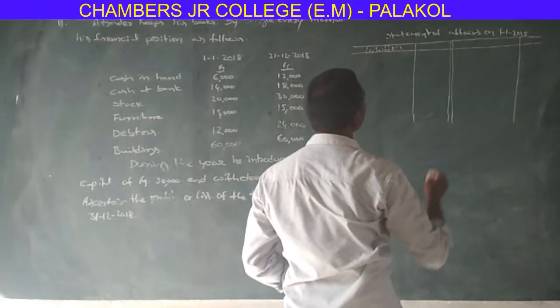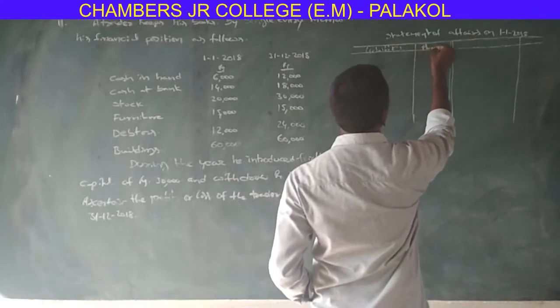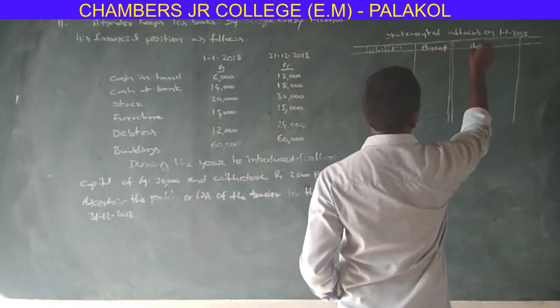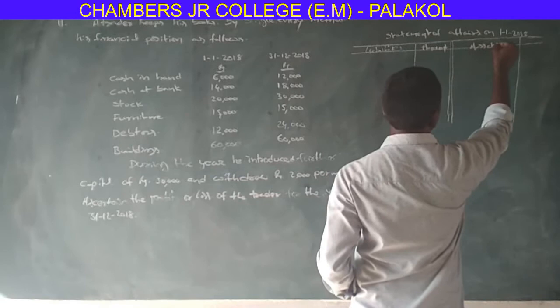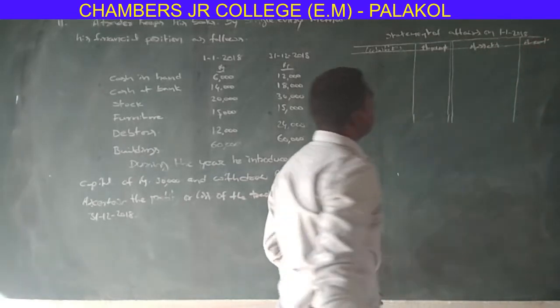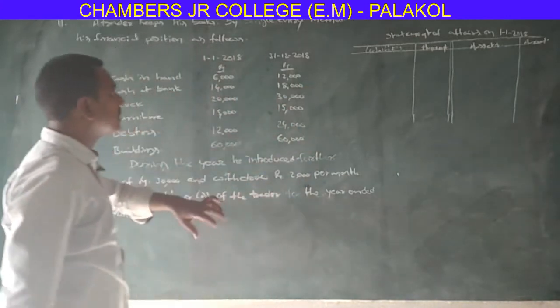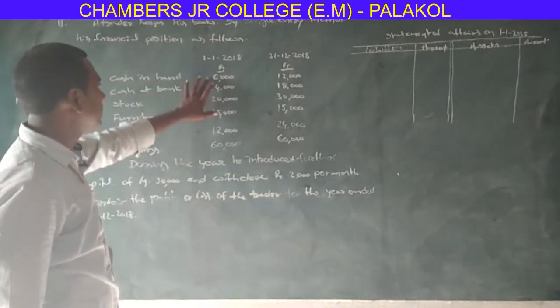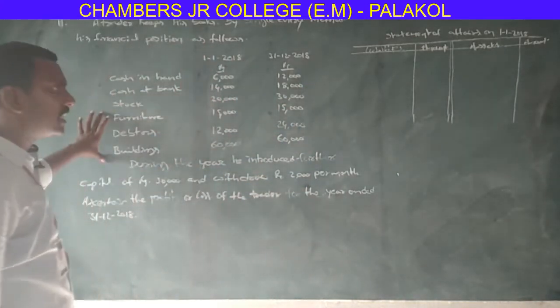Liabilities, amount, assets, amount. Okay, statement of affairs on 1/1/2018. These are the balances, assets and liabilities.